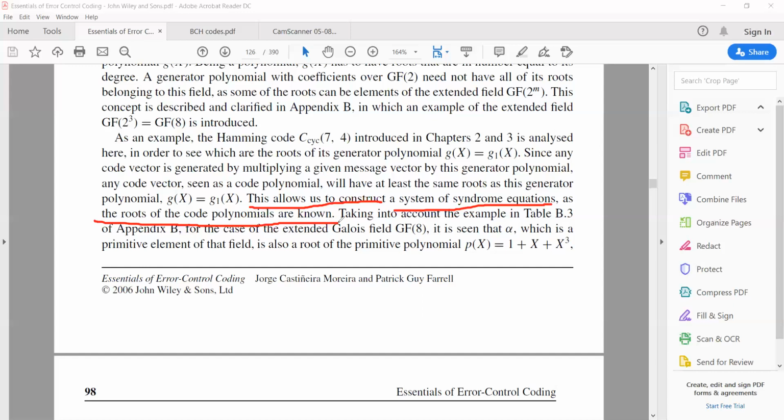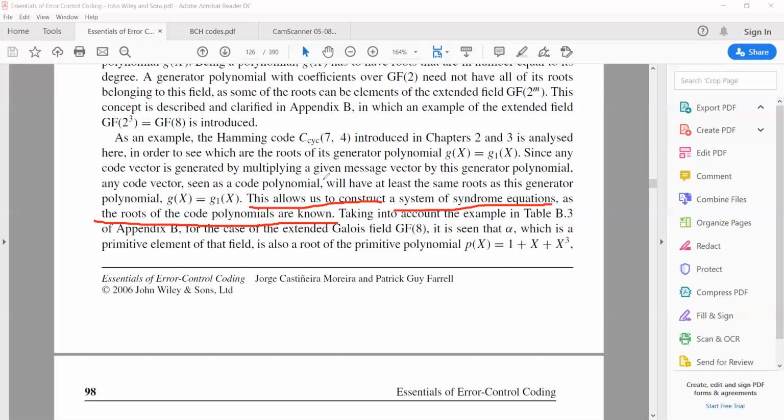If the roots of the received code polynomial do not match our known roots, then we can say that there is an error. So this is the syndrome technique.